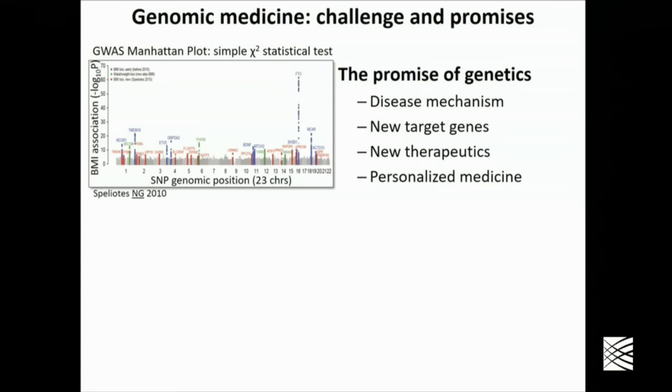It can open up entire pathways that are repeatedly disrupted, but for which we didn't actually know that they were involved in the disease. And that can in turn enable discovery of new target genes, new therapeutics, and ultimately personalized medicine, whereby we can use the genome of a person in order to tailor the treatment to the specific mutations that they carry.